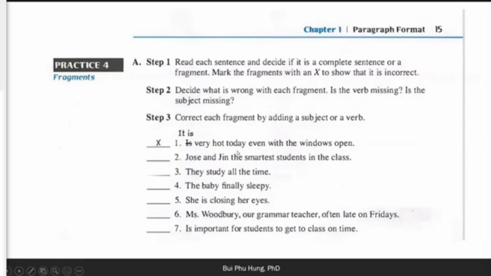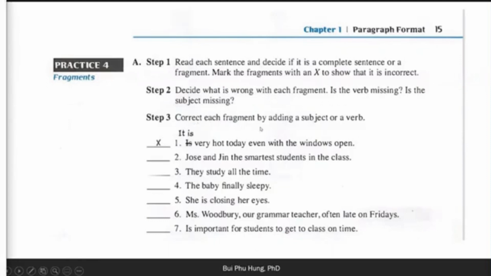So now please look at practice 4, fragments. Step 1, read each sentence and decide if it is a complete sentence or a fragment. Some sentences in the list are complete, and some others are just fragments. So mark the fragments with an X to show it is incorrect. Decide what is wrong with each fragment. Is the verb missing or is the subject missing?